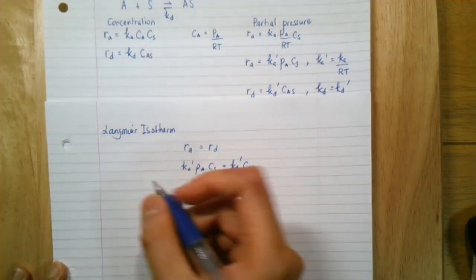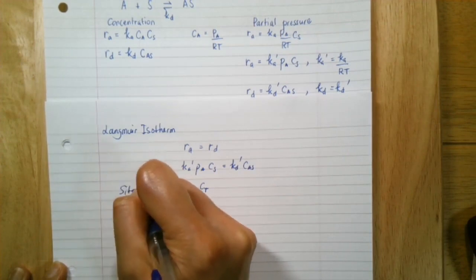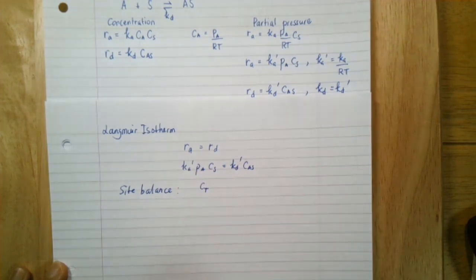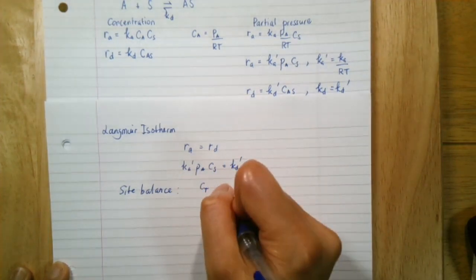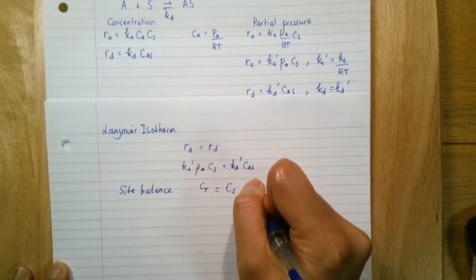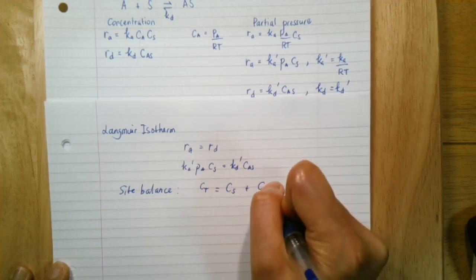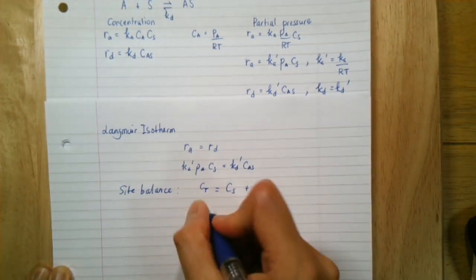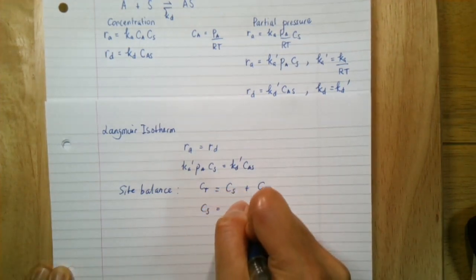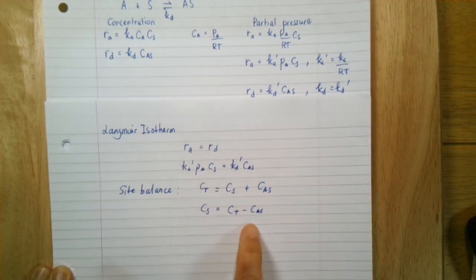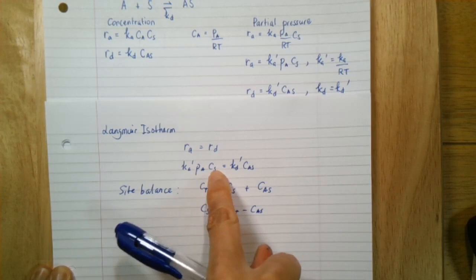So performing a site balance, the total number of sites CT is equal to the number of free sites plus the number of sites occupied by A, so that's CAS. And then we can solve this for CS and substitute it into the CS in this expression.